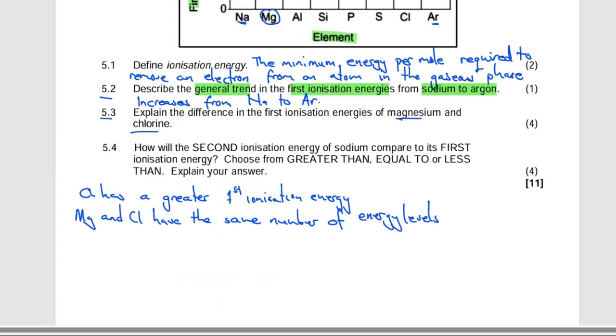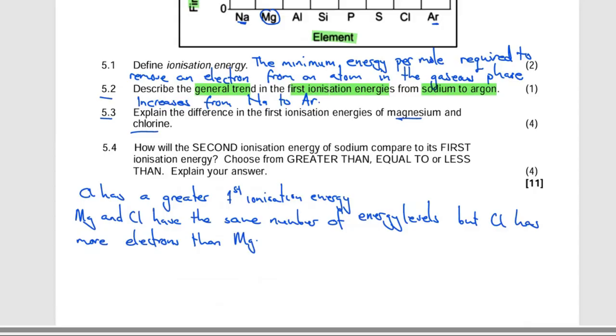But chlorine has more electrons than Mg, which is our magnesium.